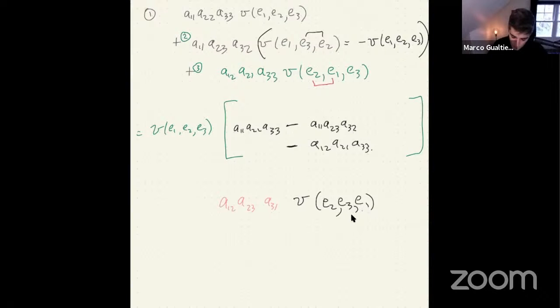If I switch E1 and E2, then I'll get V, E1, E3, E2. And I'm still not in the right format, so I need to switch these two. So there's a second switch to get it to V, E1, E2, E3. So there's a -1 from that, and there's a -1 from that. So in total, it's a plus.